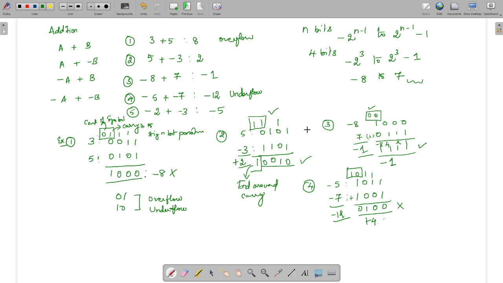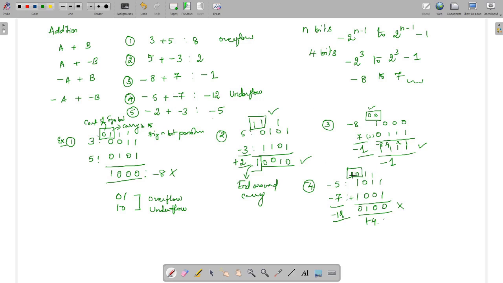So addition is as simple as that. Just take the numbers in their 2's complemented form, and simply add. If there is an end around carry, discard it and take the result. If there is no end around carry, or in any case, you have to check the bit values in the carry.